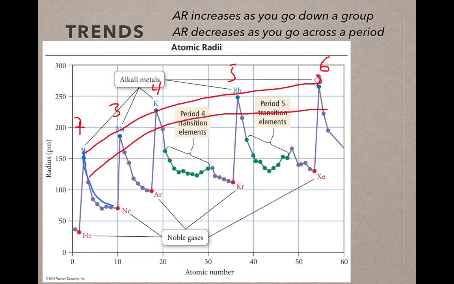Across period 2, we see a general decrease in the atomic radius. Well, how, even though we're adding an electron and adding a proton, does the radius get smaller? The atom should get bigger. We're putting more stuff in it. Why doesn't it get bigger? Well, let's take a look.